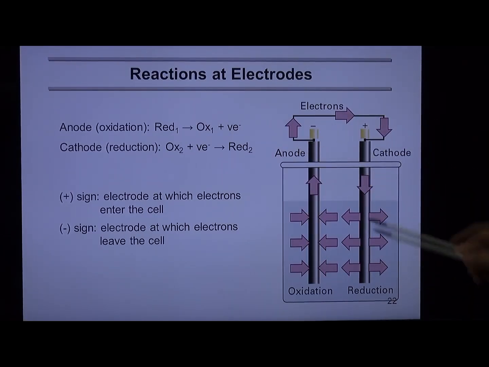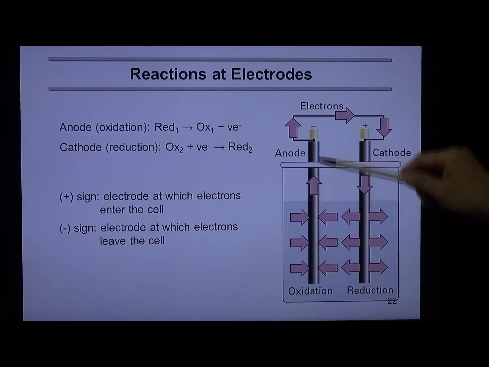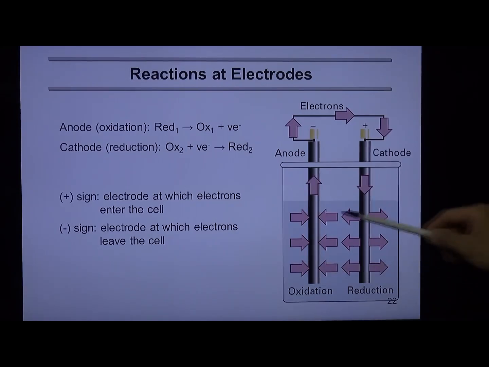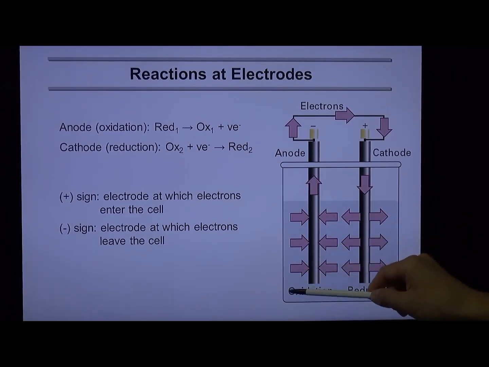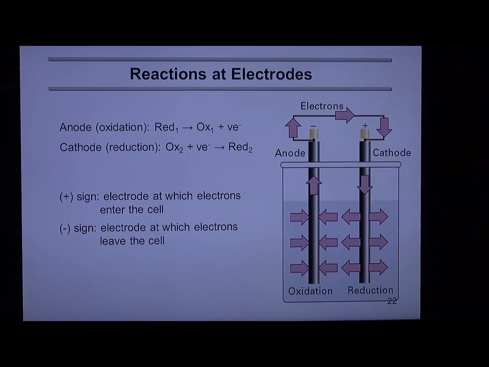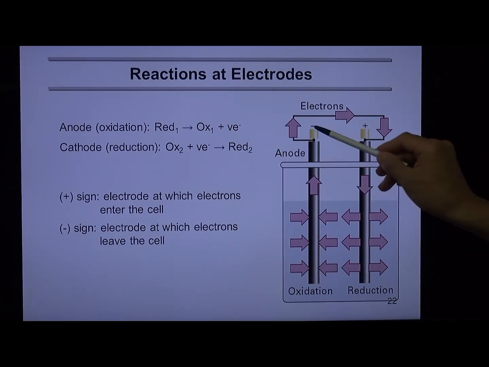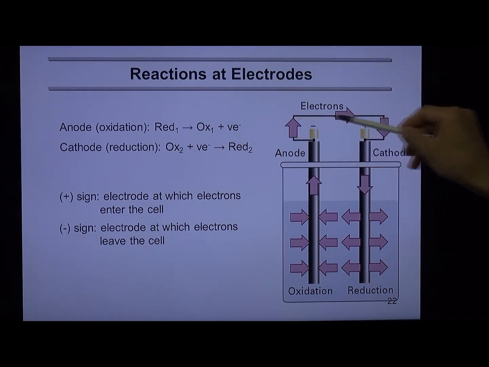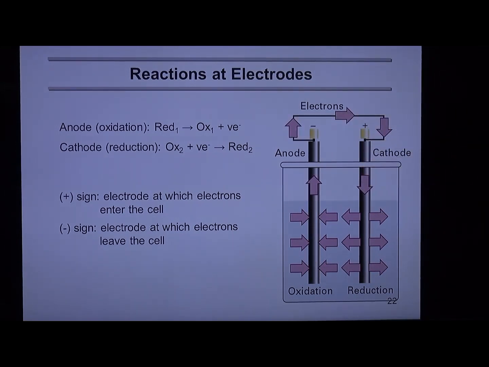So if oxidation occurs on this electrode, which means that, for example, if this electrode is a solid metal, it dissolves into some electrolyte solution as ions, right? And it generates electrons, right? And that electron moves through this circuit and goes to the cathode.